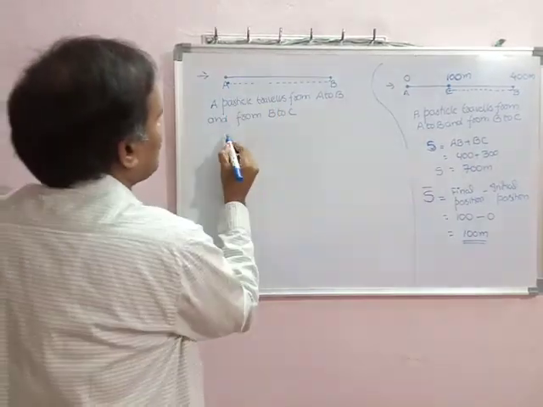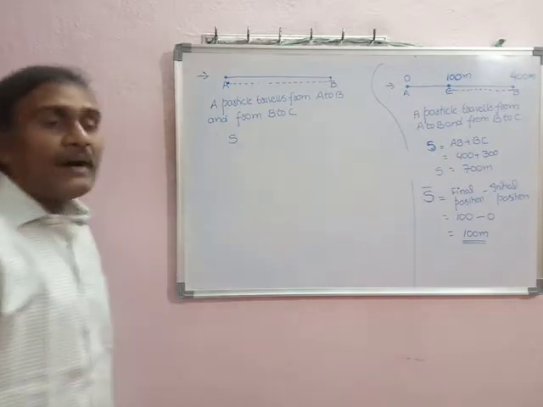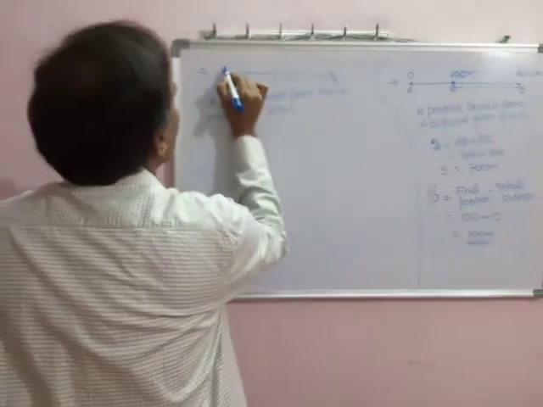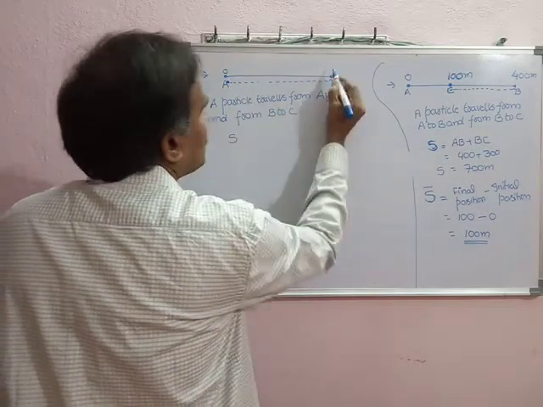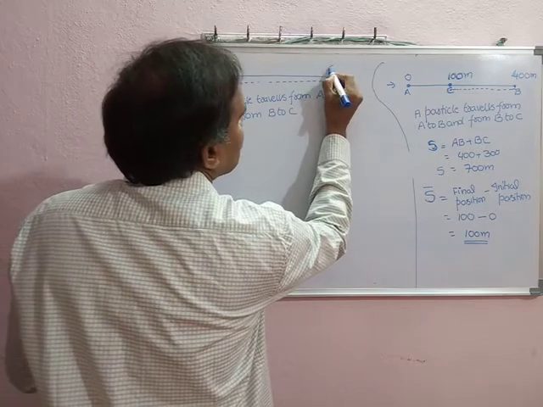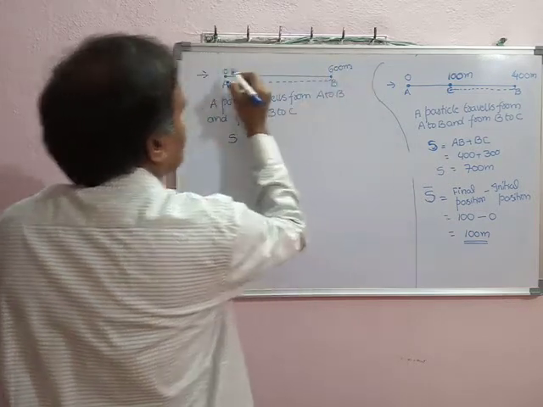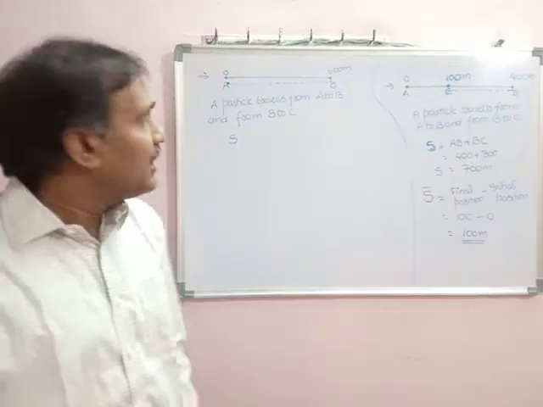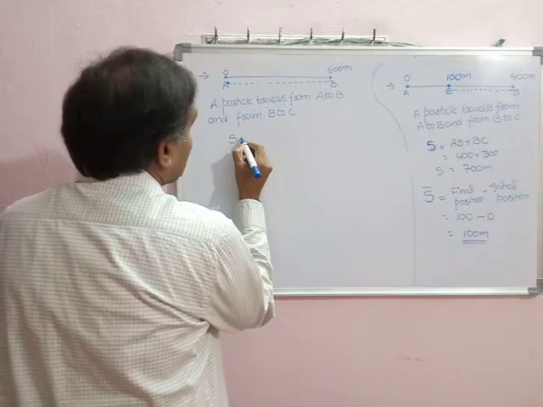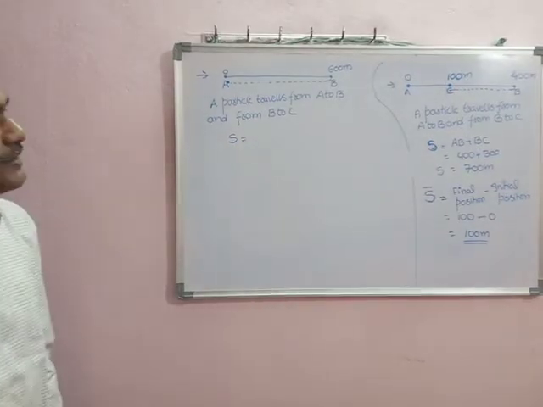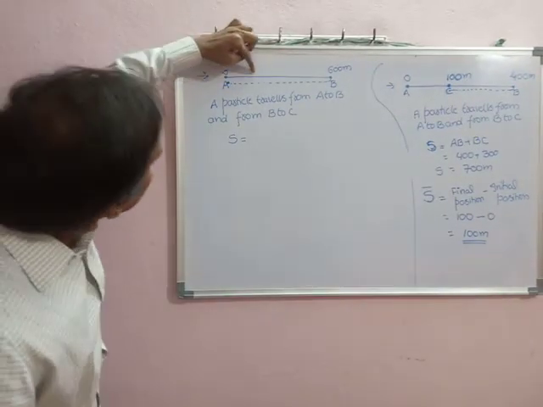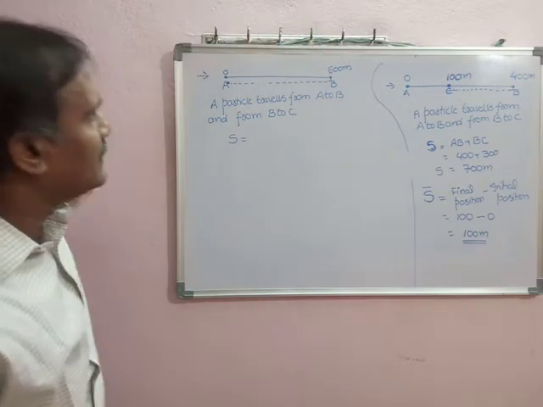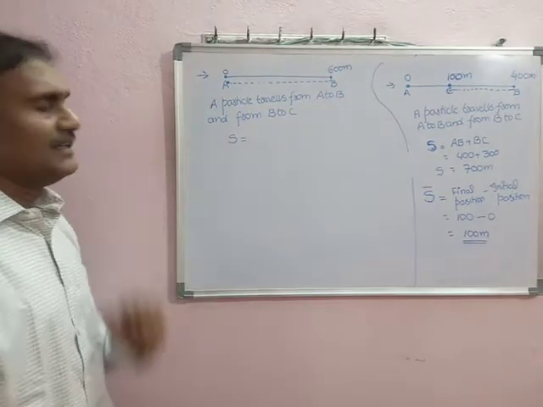Now, in this situation, what is the path length covered by the particle? You can assume its position is 0 meters and here its position is 600 meters. Path length S is equal to how much? The actual length of the path traveled by the particle is called path length.